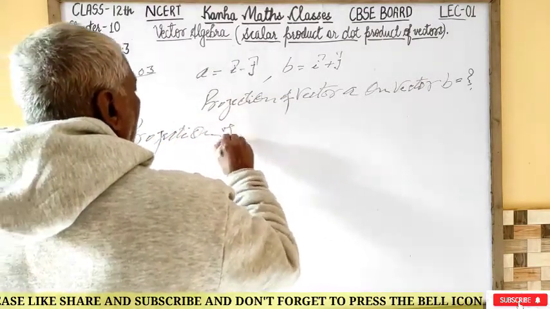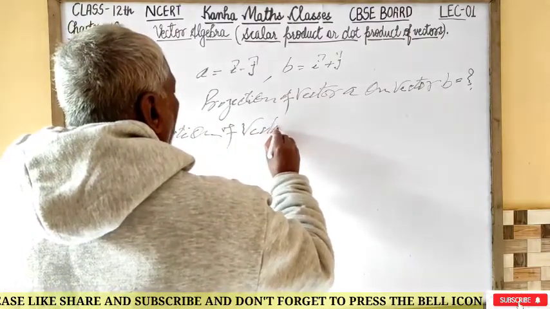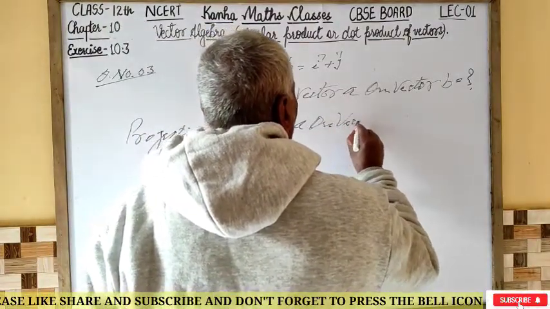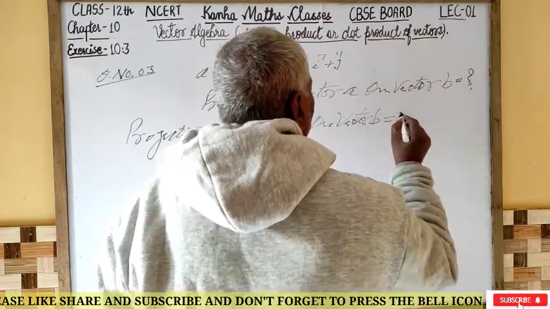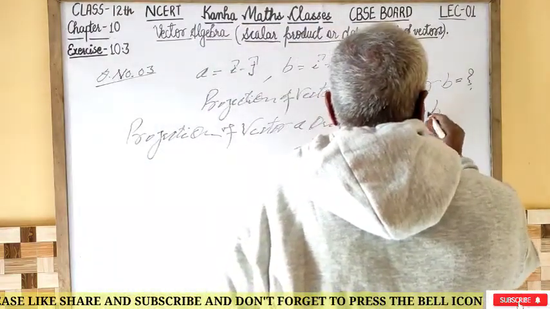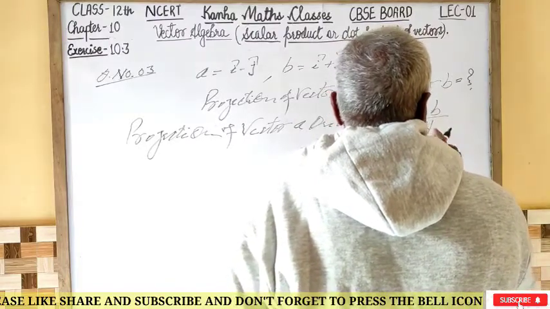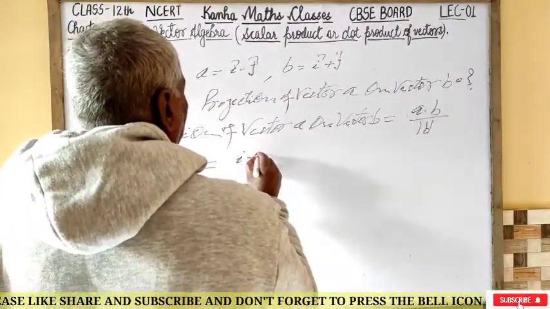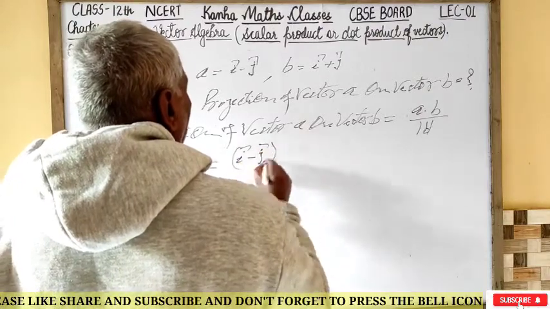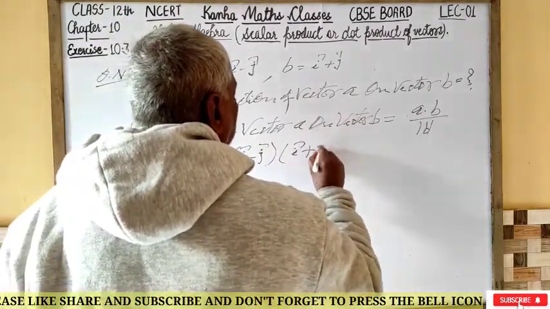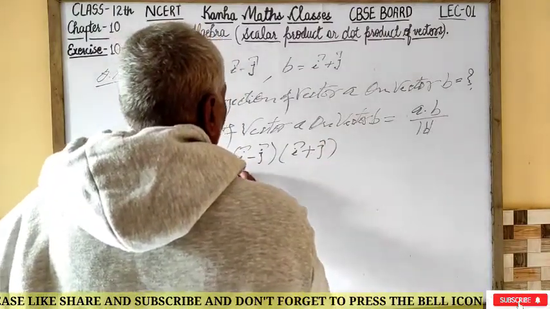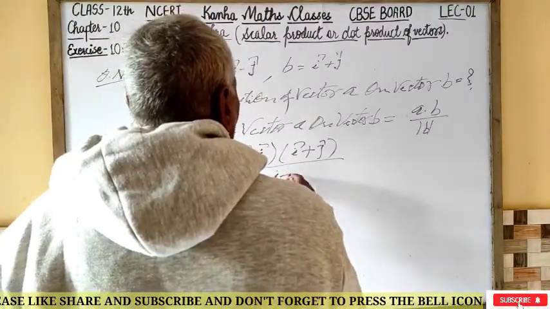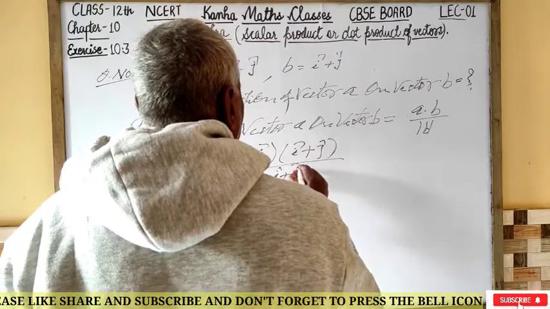Projection of vector A on vector B is equal to the dot product of A and B upon mod of B, that is (i minus j) dot (i plus j) upon mod of (i plus j).